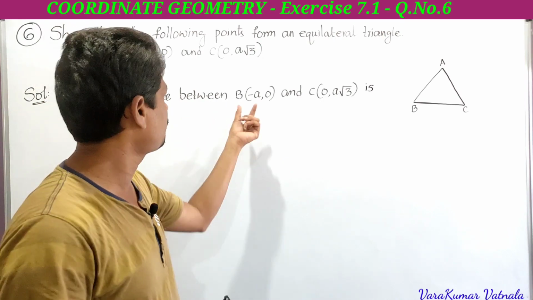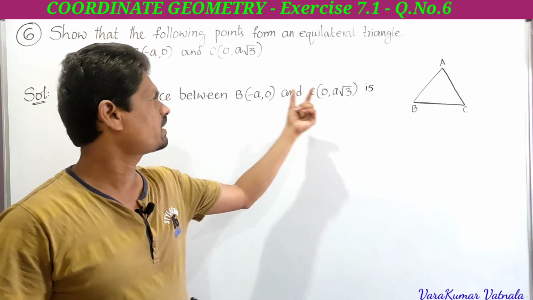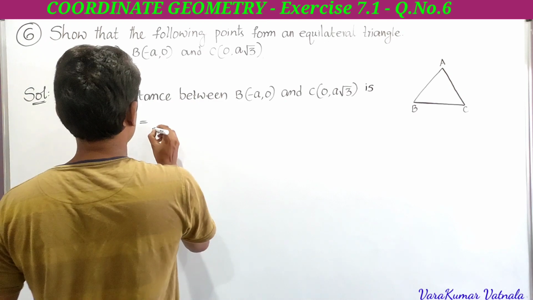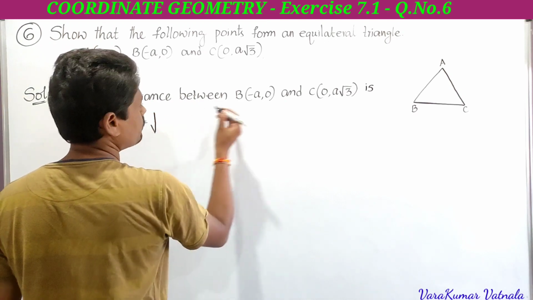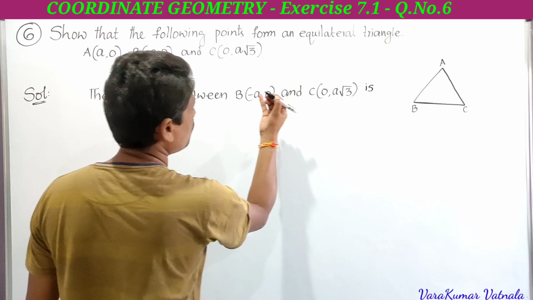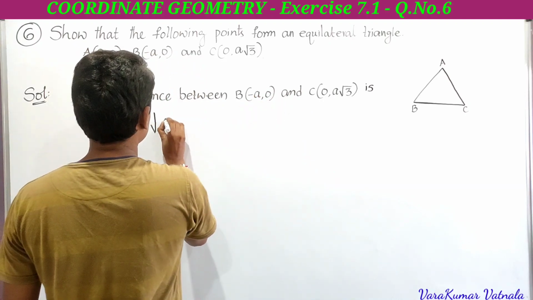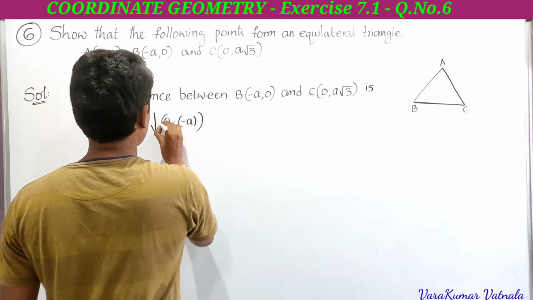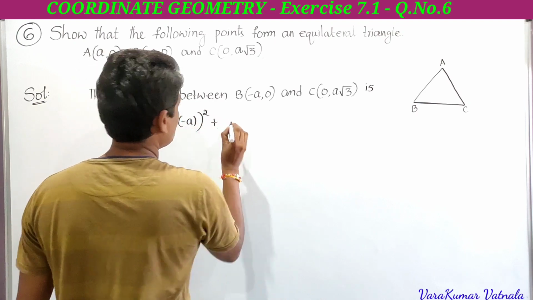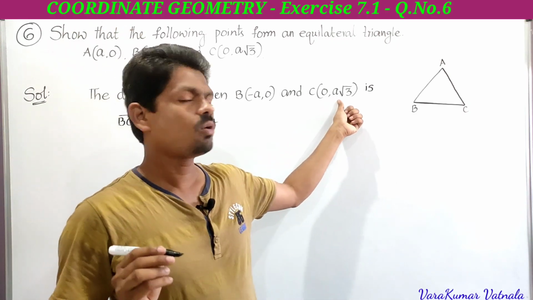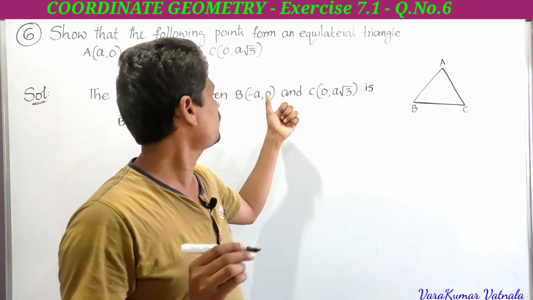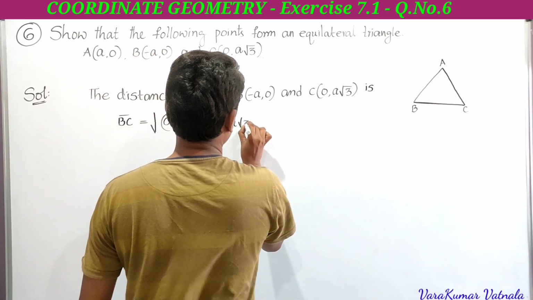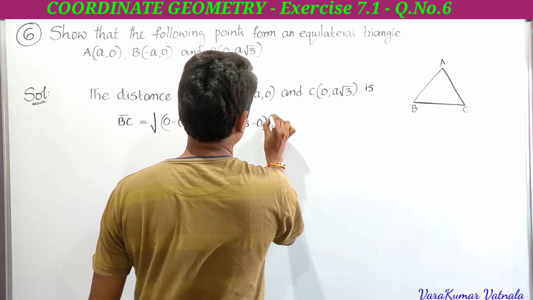Let it be x1, y1 and x2, y2. x2 is 0, x1 is minus a, so (0 - (-a)) whole square, plus y2 minus y1 whole square. y2 is a root 3, y1 is 0, so (a root 3 - 0) whole square.